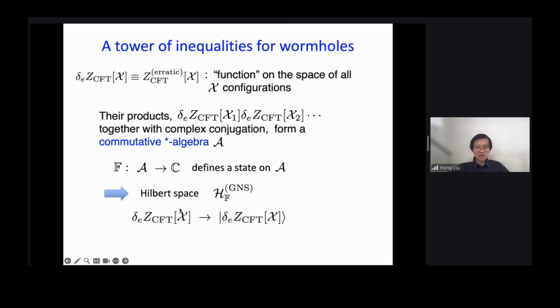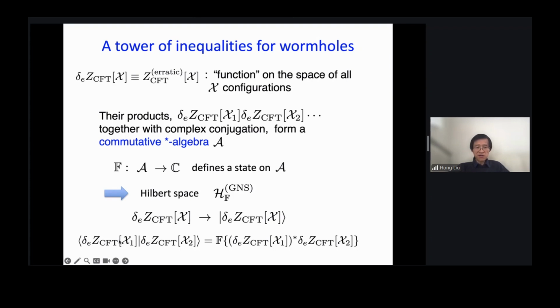For example, delta E CFT corresponds to a vector in this space. You can also take the product of two such CFT erratic partition functions, and that gives you a vector corresponding to the product. Each algebraic element maps to some vector in this Hilbert space, and the overlap between those vectors is just given by this state itself, which right now is just the filter.